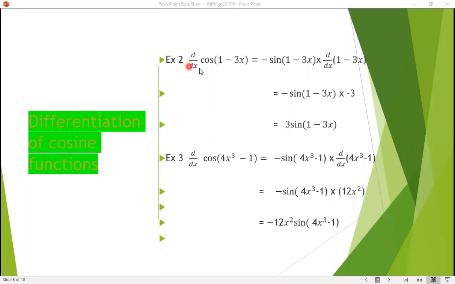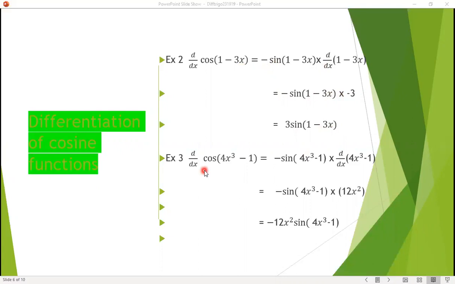So differentiation of cos of bracket 1 minus 3x is 3 sine of bracket 1 minus 3x. Here we have to be very careful because differentiation of cos is minus sine, and then we have the coefficient of x being minus 3. So minus 1 times minus 3 is plus 3.